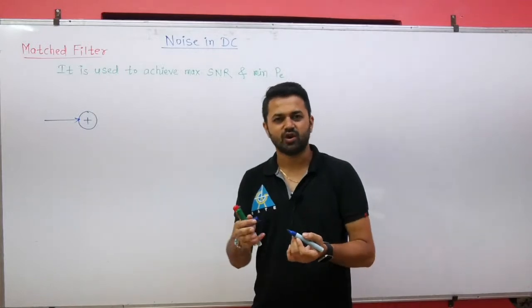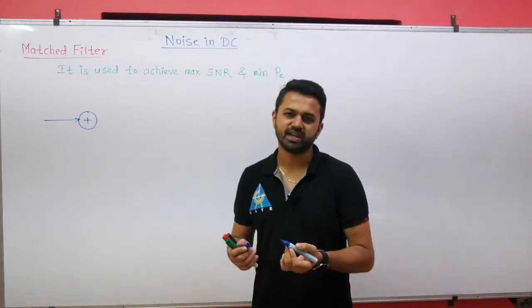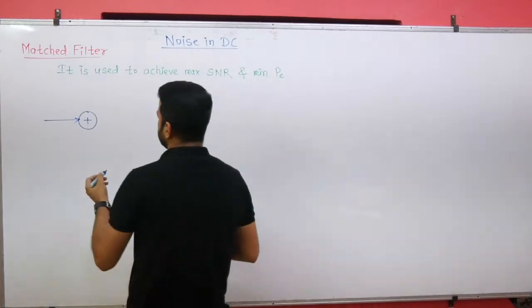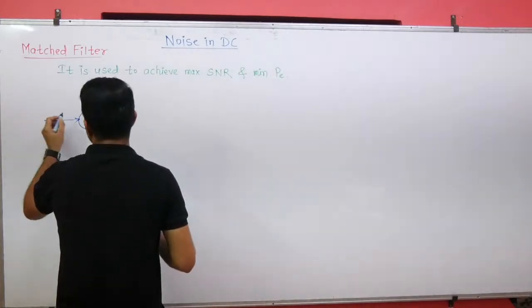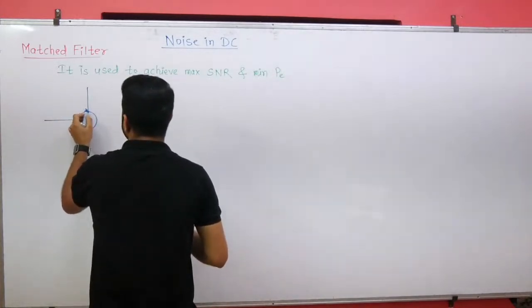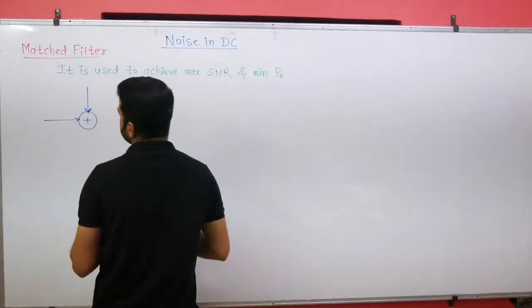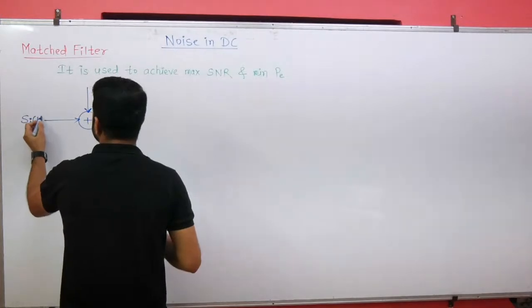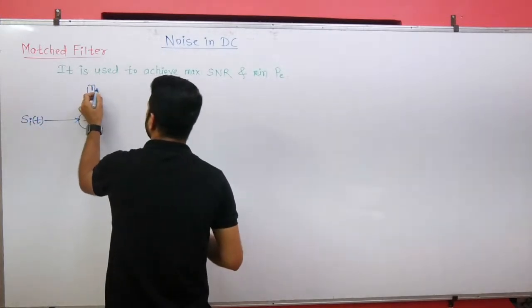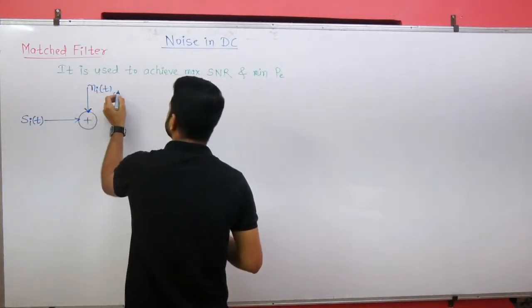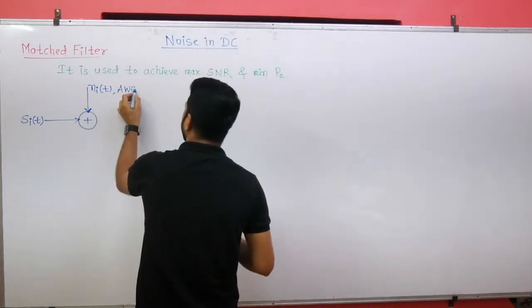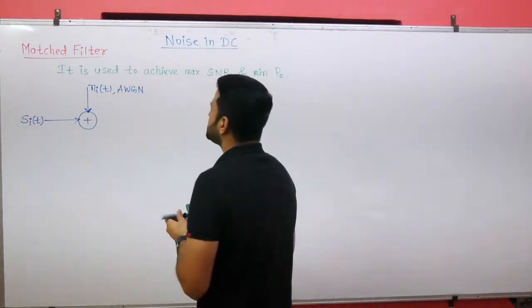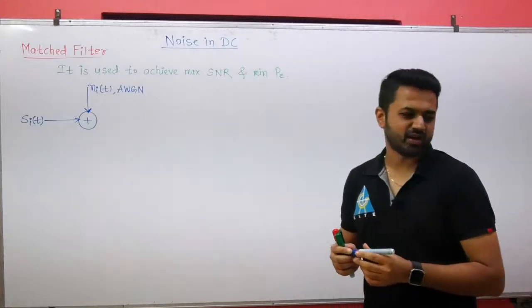The noise is always additive in nature. So if this is the signal s(t) and this is the noise n(t), the channel is additive white Gaussian noise.